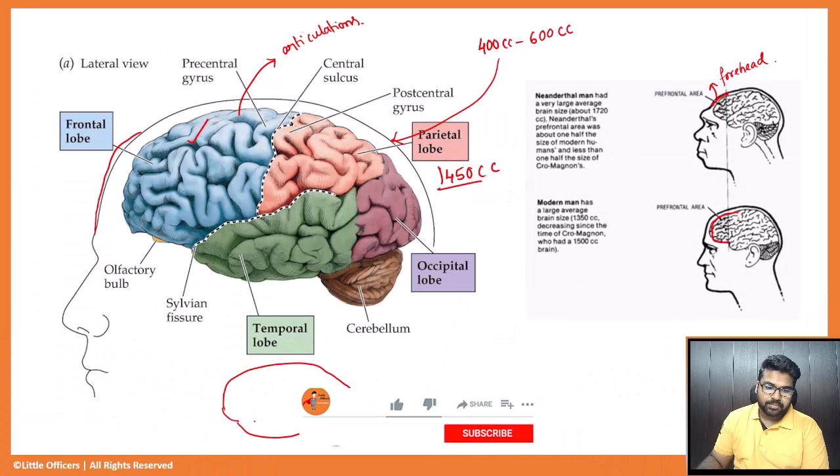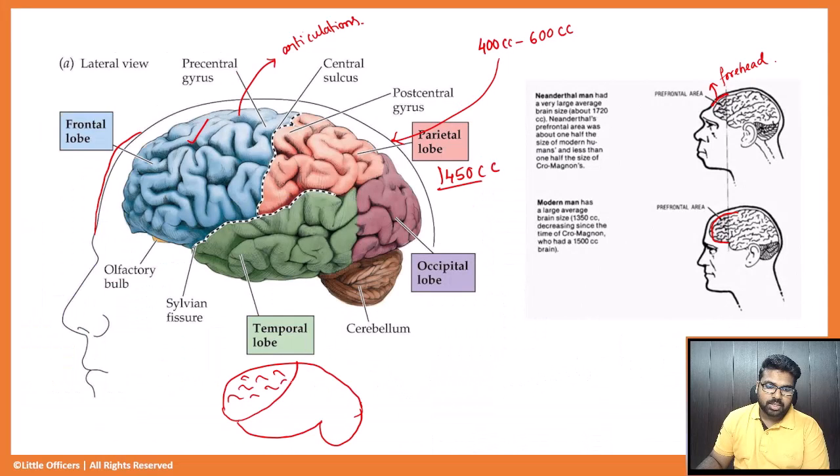Here the front portion is called the frontal lobe. And this frontal lobe is the cause behind all the articulations that we do. And you have other lobes, like the parietal lobe. Let me put it here, you have the parietal lobe. Here you have the back side of the brain, which is the cerebellum.